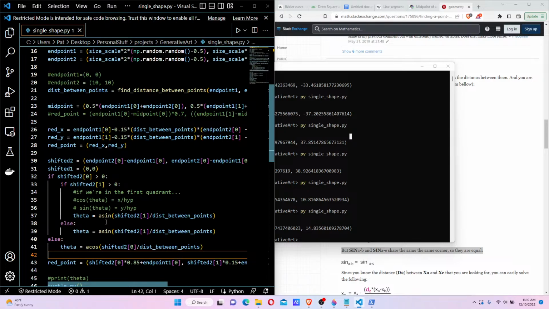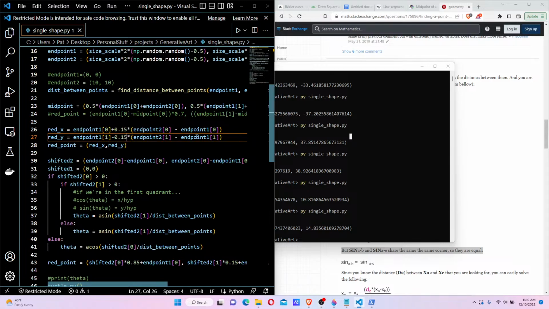So red point is equal to red x, let's say endpoint 1 of 0 plus 0.15, get rid of that distance between points.